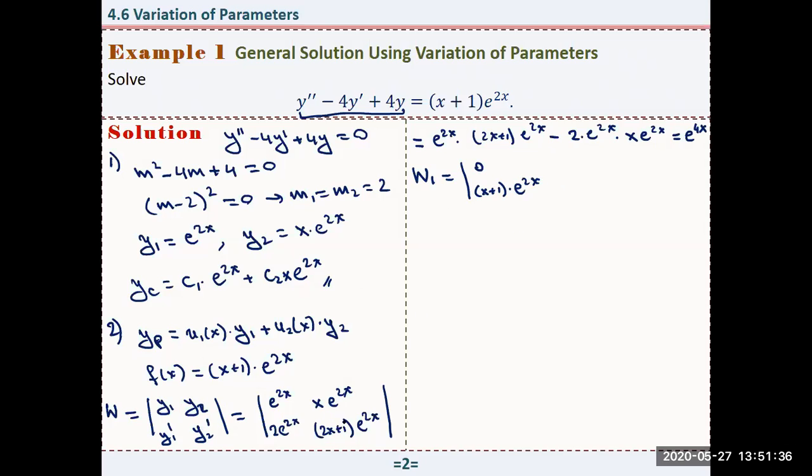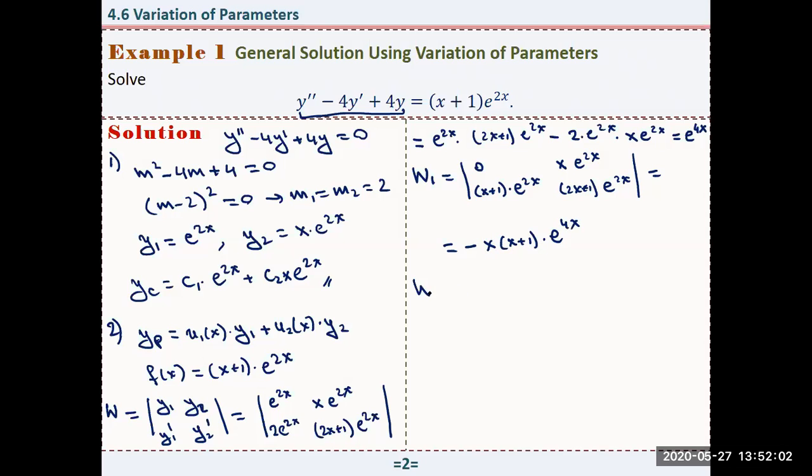The second column is this, x times e to the power 2x, and here we have 2x plus 1 times e to the power 2x, which is equal to 0 times this equal to 0 minus this times this, right? So that is x plus 1 times e to the power 4x.